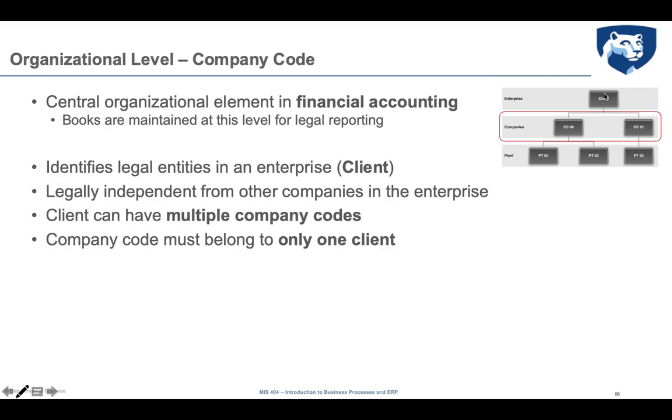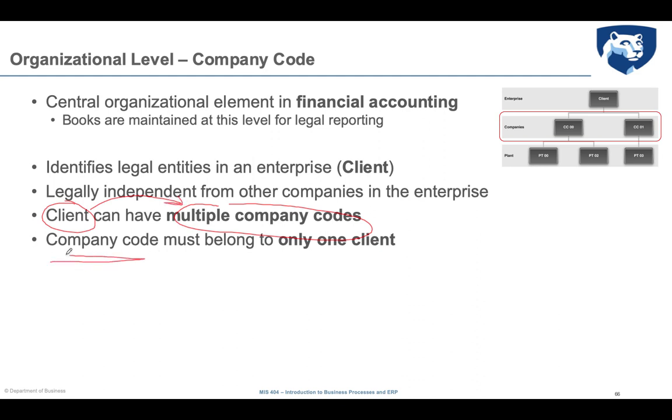At the second level, we have what is called the company code. The company code represents the different companies that belong to the same client. So remember that a client, the group, can be composed of multiple company codes.